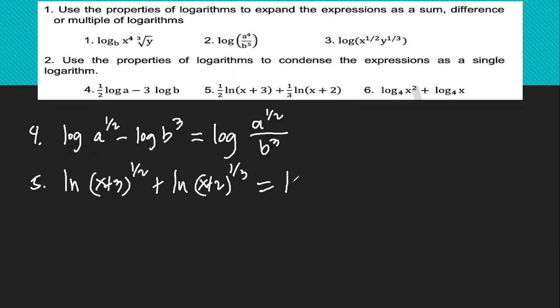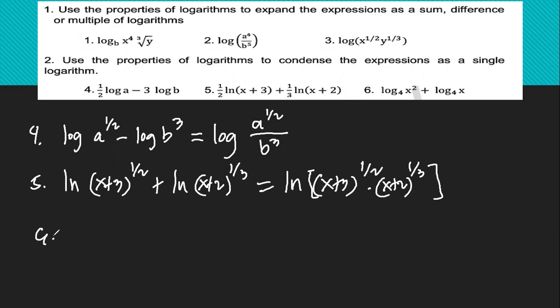So it is now equal to ln of, since they are both positive, the two expressions should be written in the numerator, so it should be x plus 3 to the power of 1/2 times x plus 2 to the power of 1/3, base e, or ln.